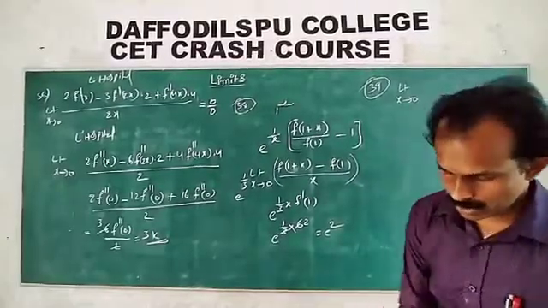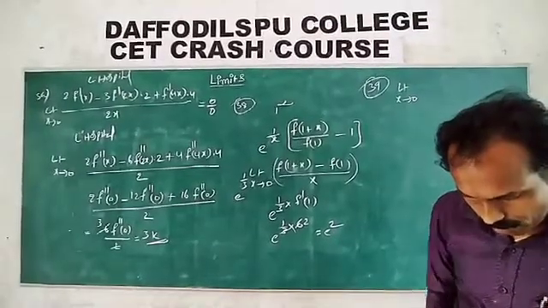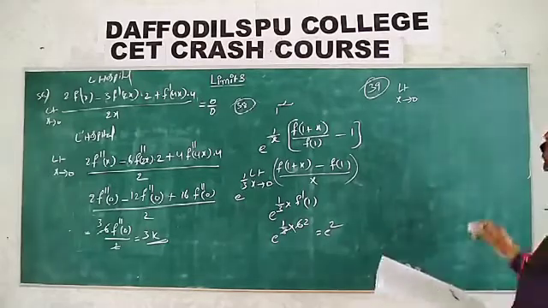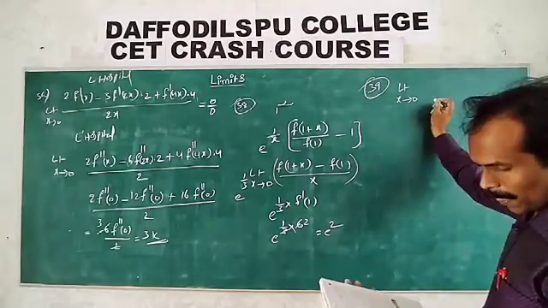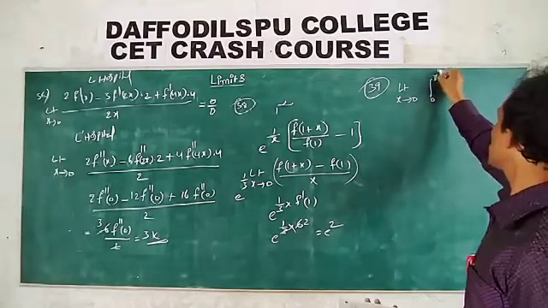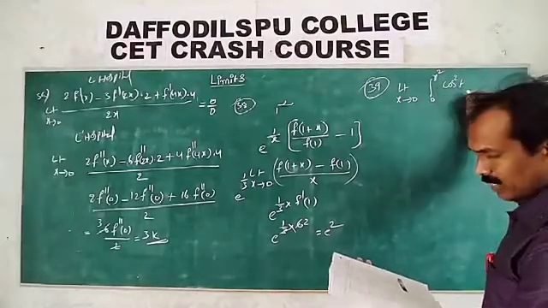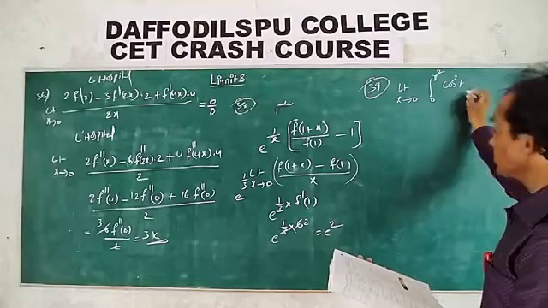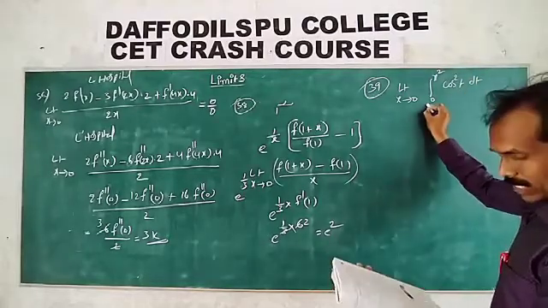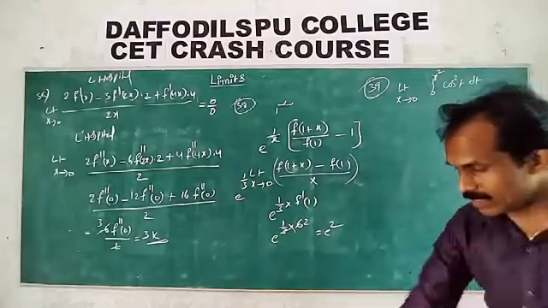Right. Next term. Limit x tends to 0, integral from 0 to x square of cos square t dt, divided by x sin x. Limit x tends to 0 for both, this is integration.